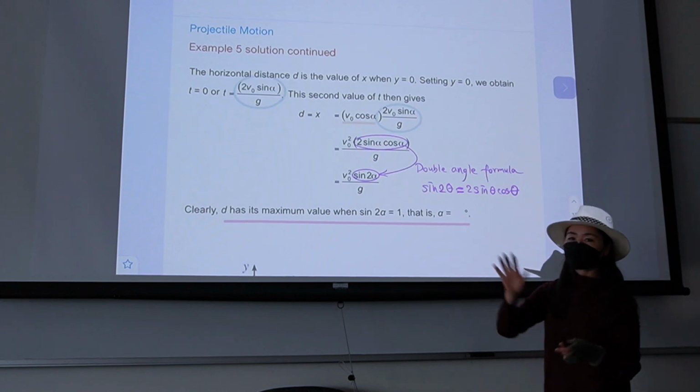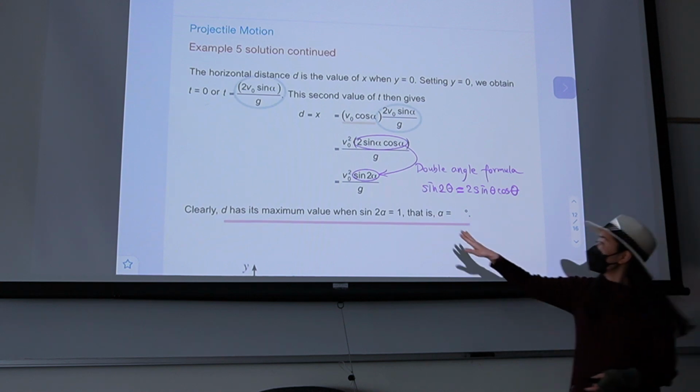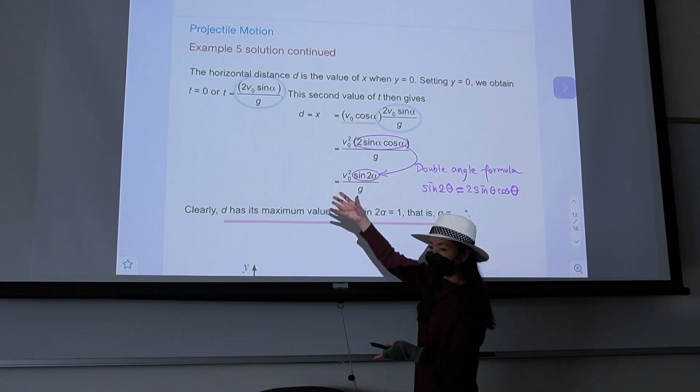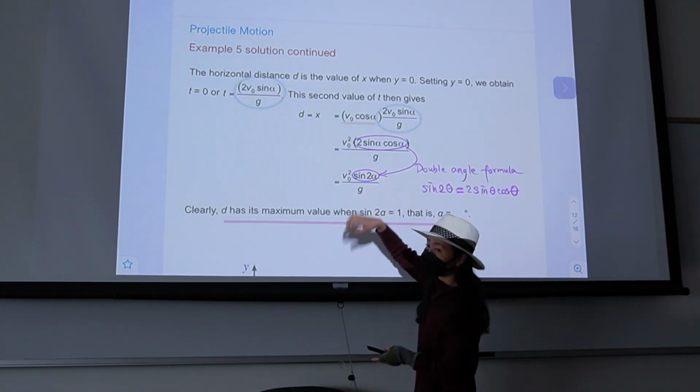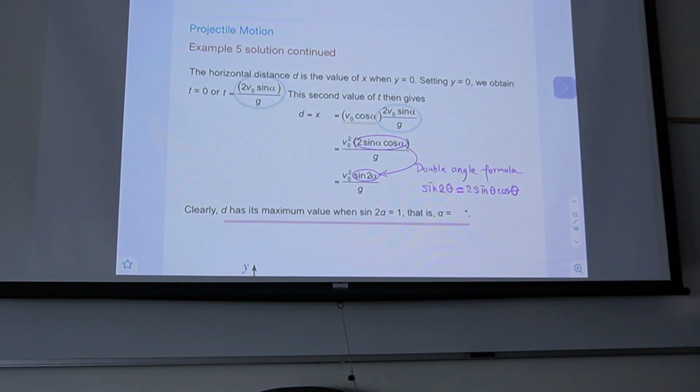Sine of pi over 2 is 1, right? So 2 alpha will be equal to pi over 2. So alpha equal to pi over 4. In other words, in degrees, it is 45 degrees.